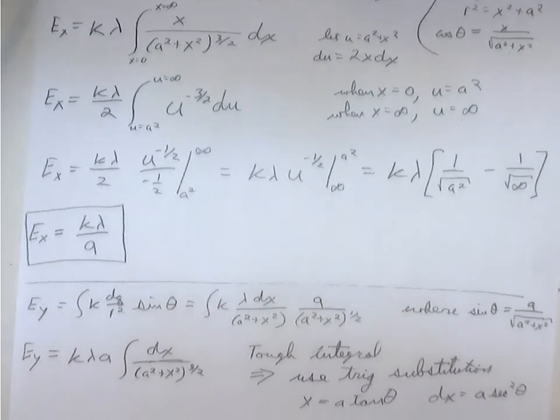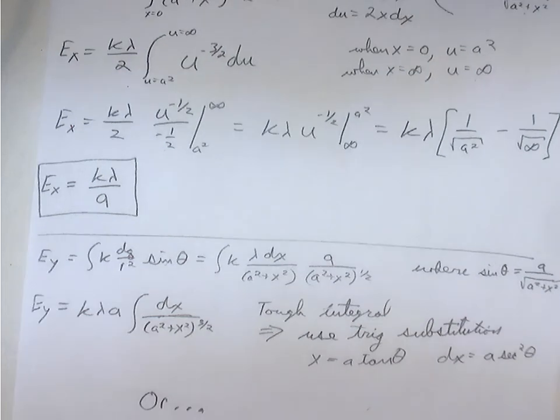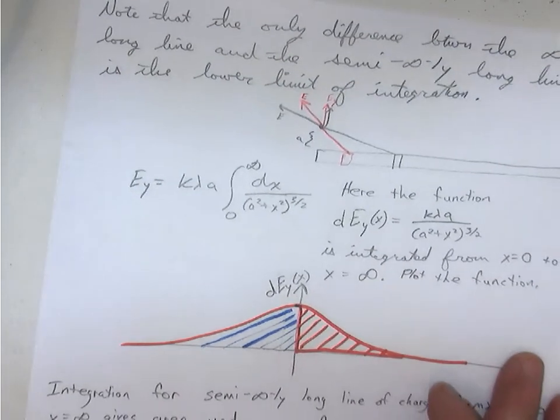So you have to do a kind of tough integral using a trig substitution, where x equals a tangent of theta, dx equals a secant squared of theta. Or, and this is where Patrick has pointed out an easier solution.